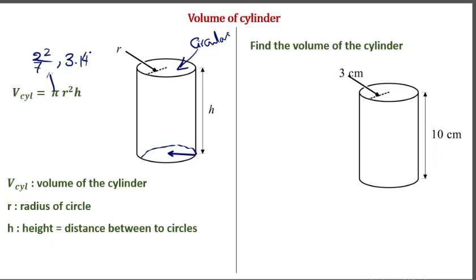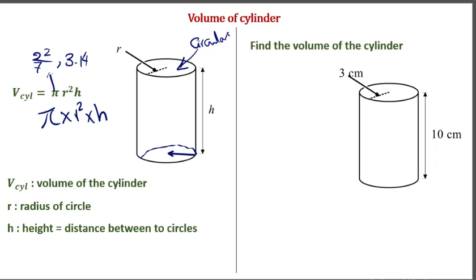Just make your answer with pi. Pi r square h means pi times r square times h. When we write two symbols or more than two variables beside each other, the operation between them is times.